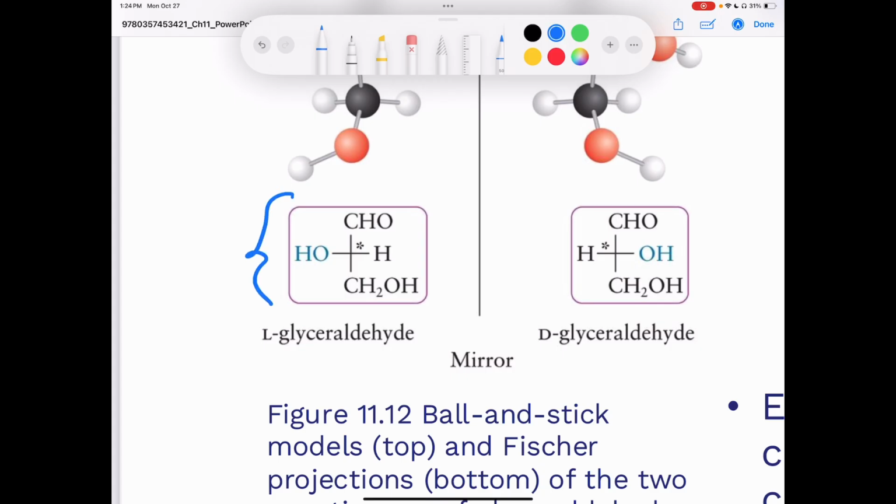And these pictures here, these are Fisher projections, okay? So remember, the horizontal bonds are drawn as representing wedges and the vertical ones are dashes, okay?